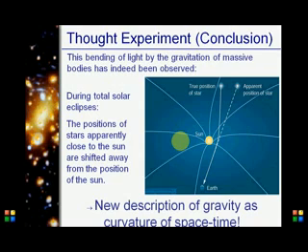So space and time bends because of huge massive bodies, and this also causes something called gravitons to start to interact between both massive bodies.